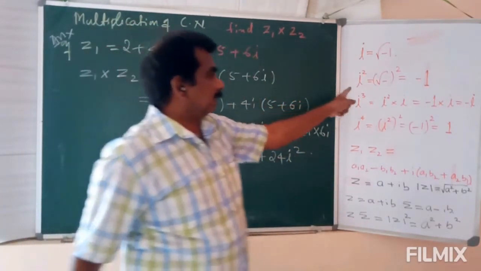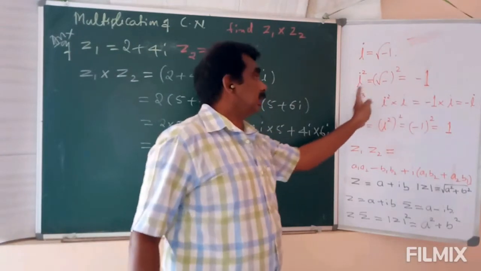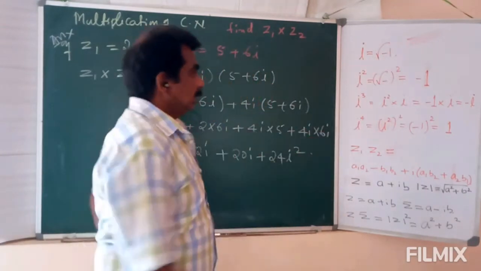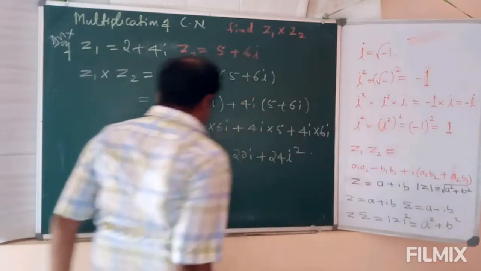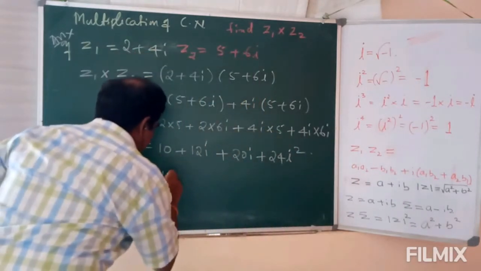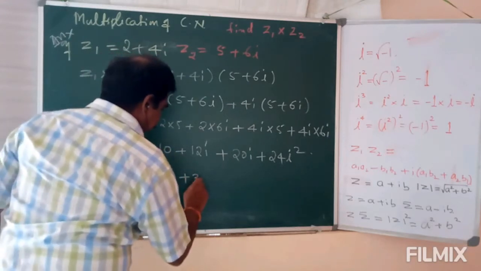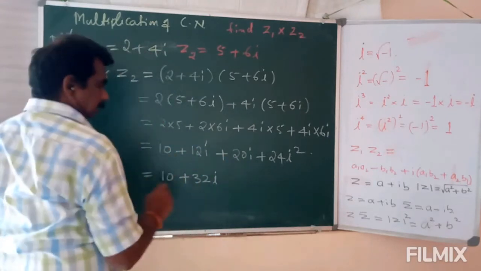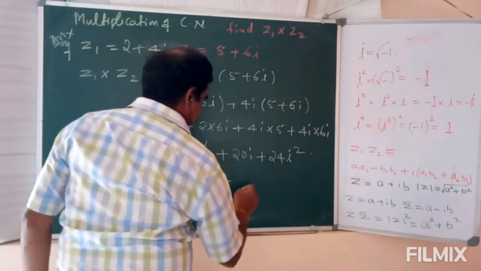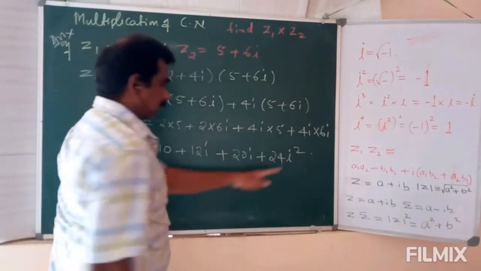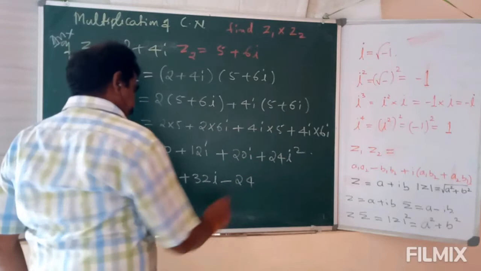What is i square? Minus 1. i is the square root of minus 1, so i square is minus 1. That is 10 plus 12i plus 20i means 32i, and minus 24 because i square is minus 1.